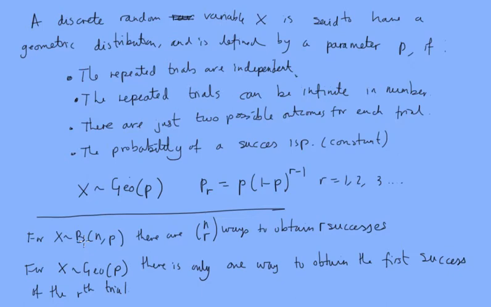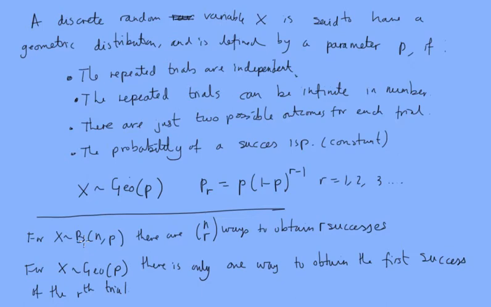In the geometric distribution, the difference is you're looking at the probability of when you get that first success. You keep rolling and keep rolling. You could roll that dice forever and never roll a 6. It's highly improbable, but it's not impossible.